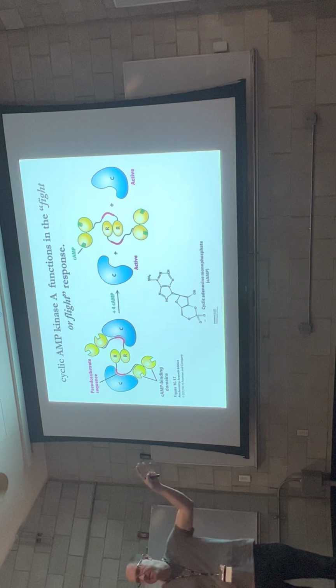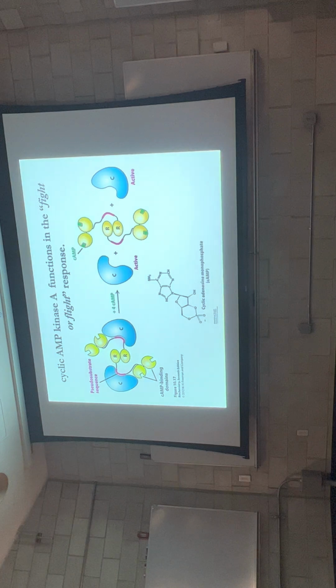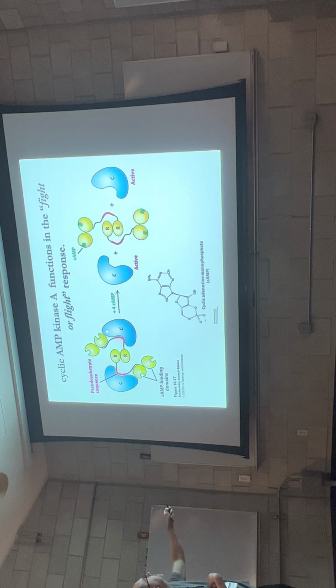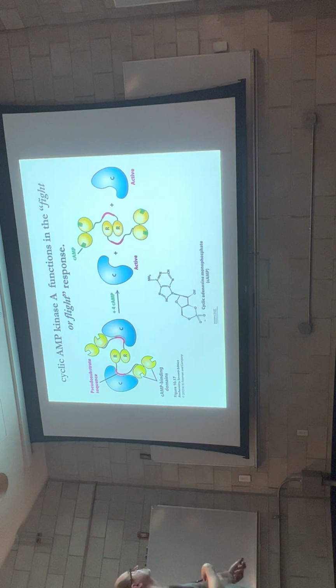Now, normally you want this thing off. I only want to do this when I really need to get going, right? And so, how do you inhibit the enzyme? Well, the catalytic subunit is normally bound to a regulatory subunit that inhibits the active site. It blocks the active site from being able to bind to substrate.